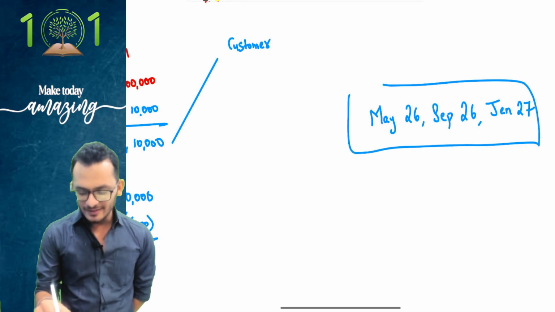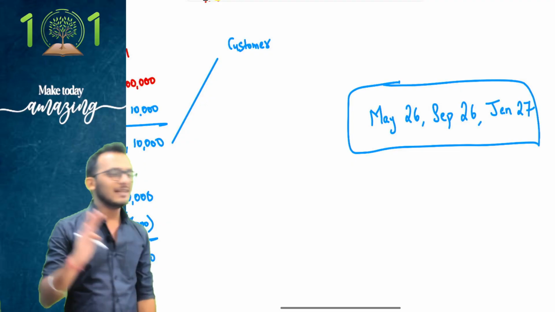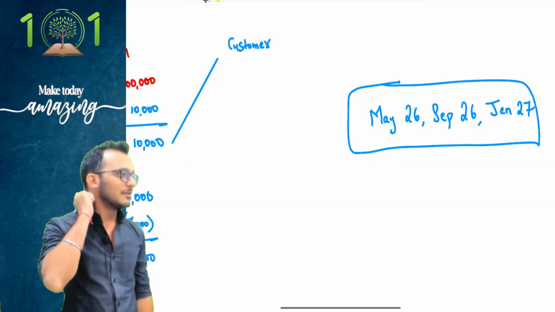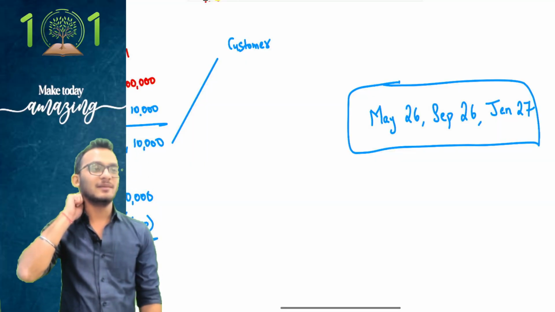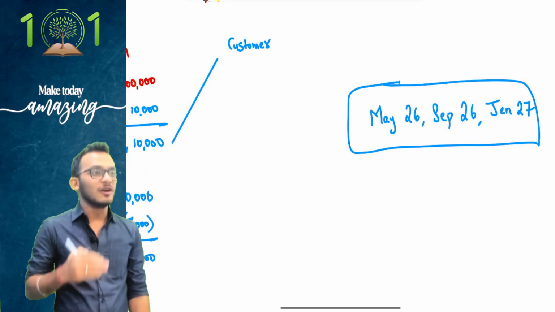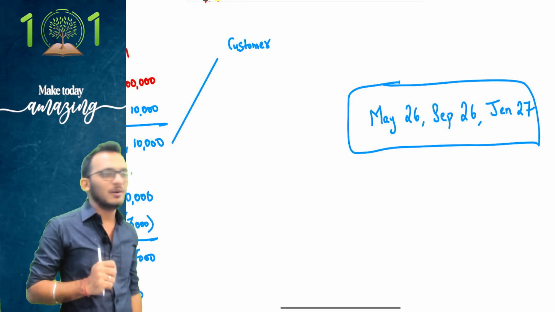These are the 3 attempts where any amendments remain the same. The moment Jan 27 hits, a new Finance Act will come. The moment a new Finance Act comes, that becomes new amendments, which means in my book, all greens become black, and we will now have new greens.